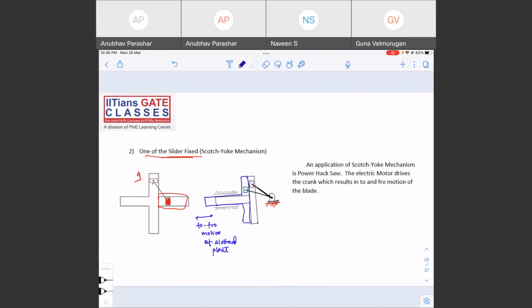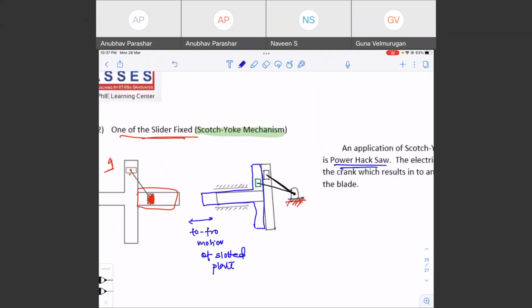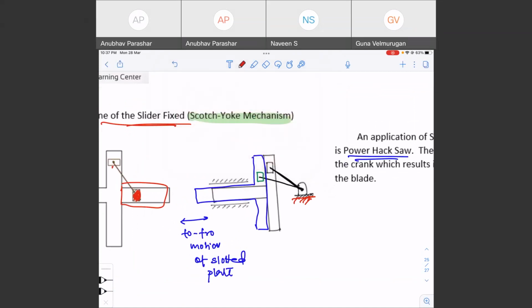So this mechanism is known as the Scotch-Yoke mechanism. What is an application of the Scotch-Yoke mechanism? It is used in a power hacksaw. Just imagine what is going to happen if you install cutters here. The slotted plate, the extruded portion, will keep on moving up and down, which means to and fro.